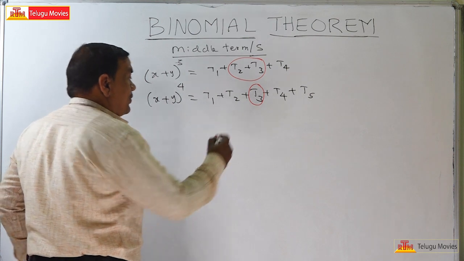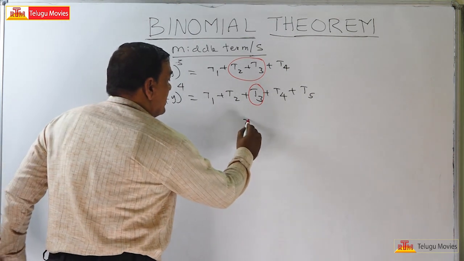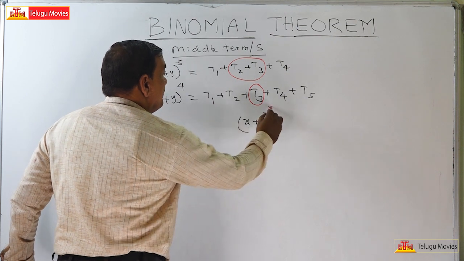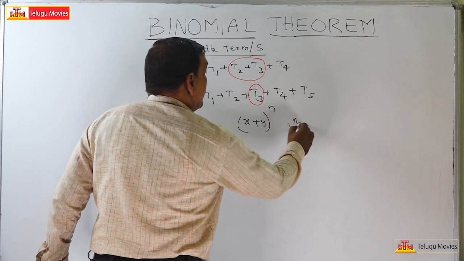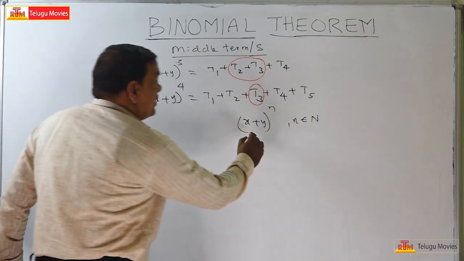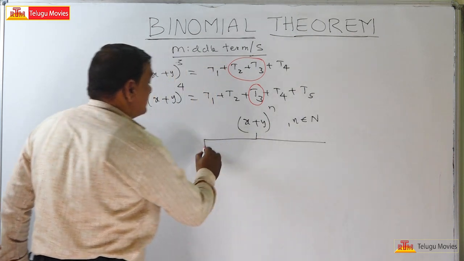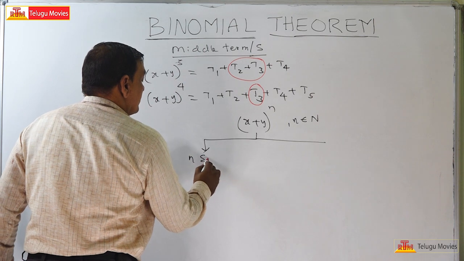So now we are going to get this step. Remember it in a flow chart way: (x plus y) whole power n. Here n belongs to natural numbers, positive integers. So here 2 cases arise. The first case is n is even.